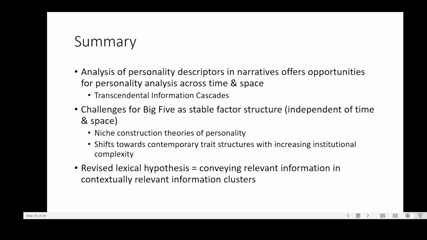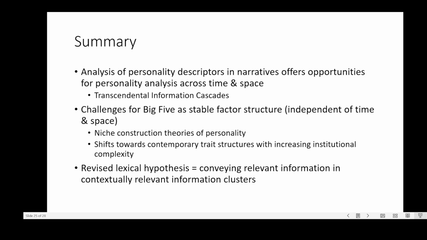Unfortunately, we have not been able to really fully use the potential of this method, partially because of the incomplete data structure, for example, for the Gilgamesh epic. On the other hand, also because we first have to look at just the structures themselves, before we can look at some of these more complex temporal changes that can be analyzed with this approach.